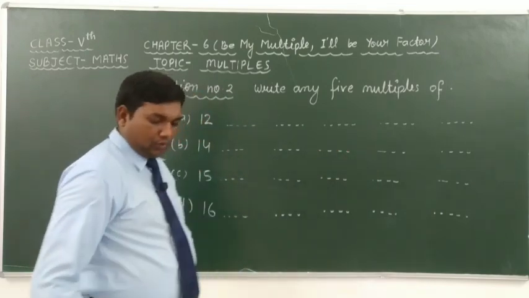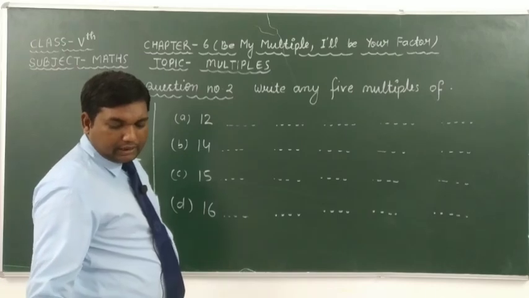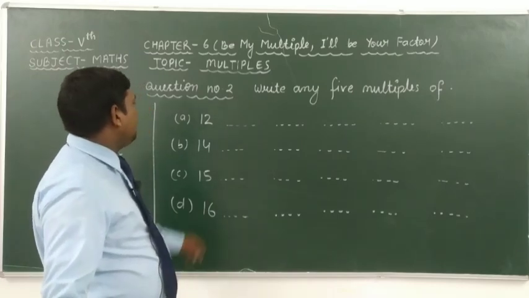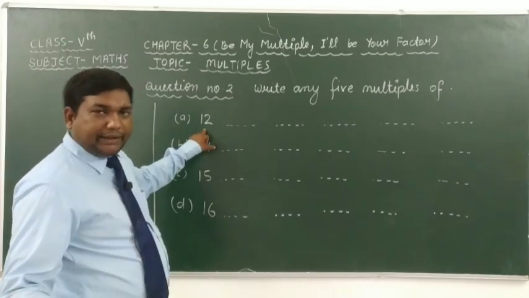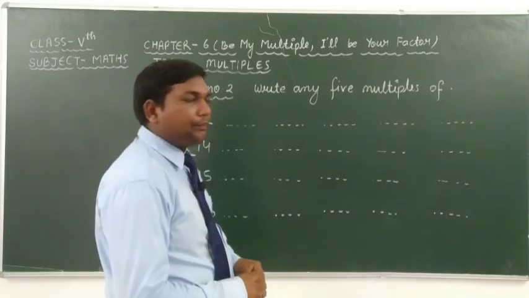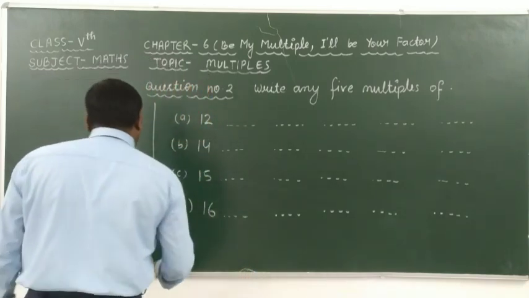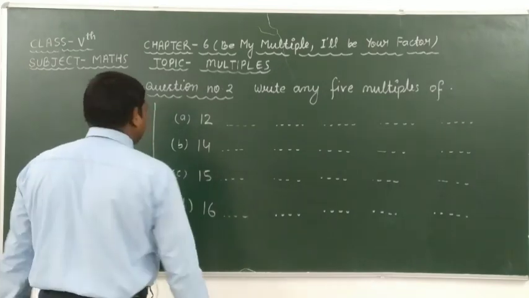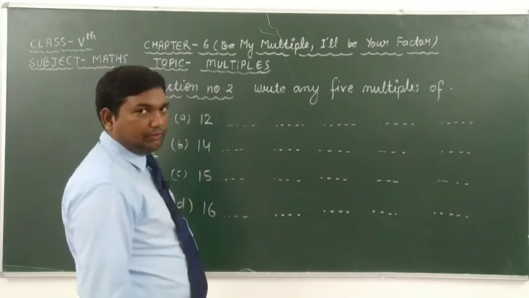If we take the multiplication of the given number and any other number, then we get a multiple of the given number.